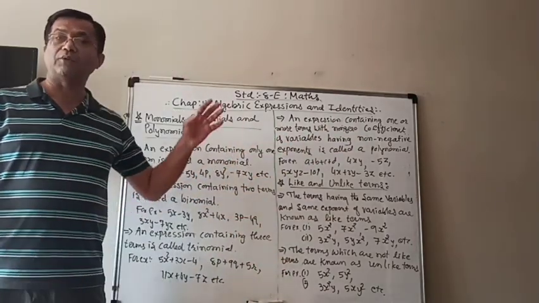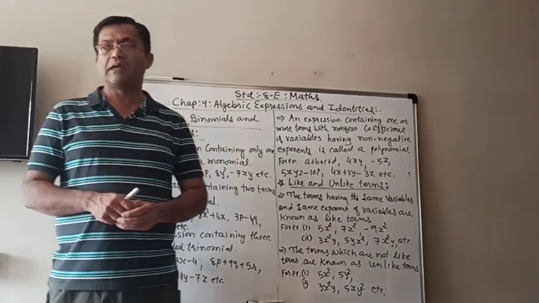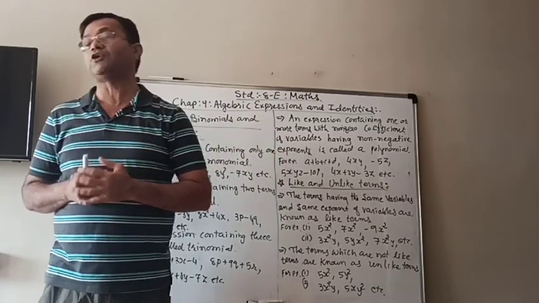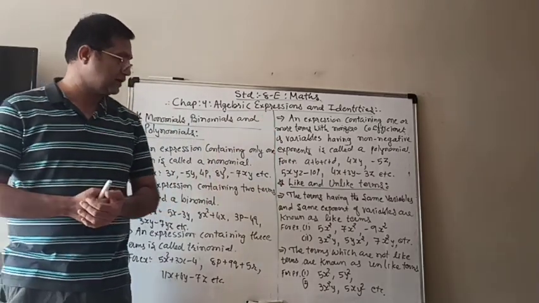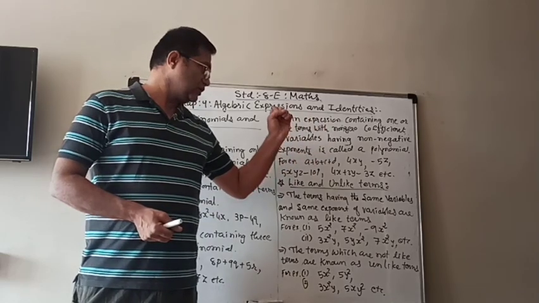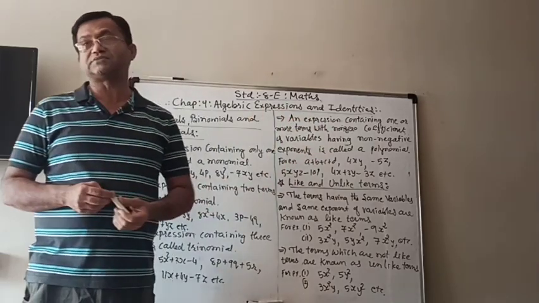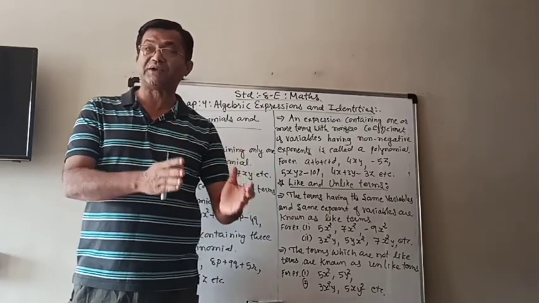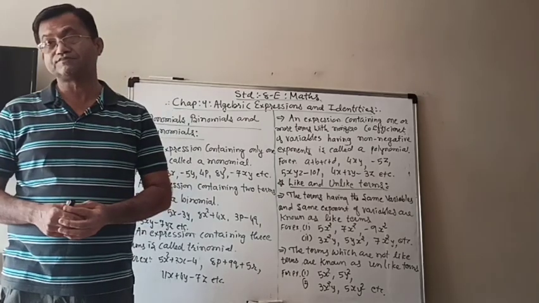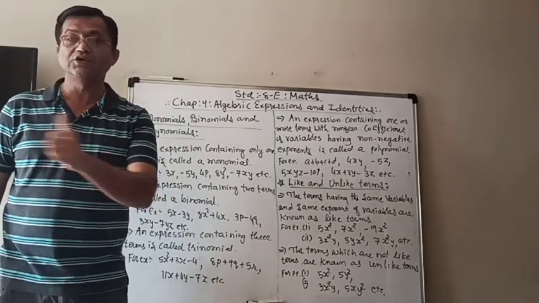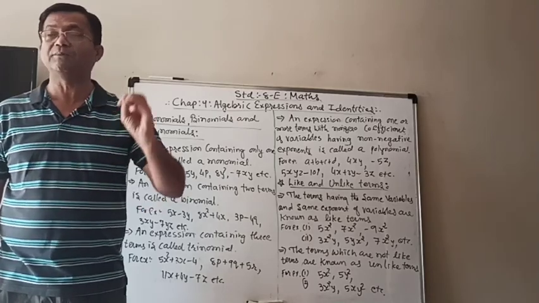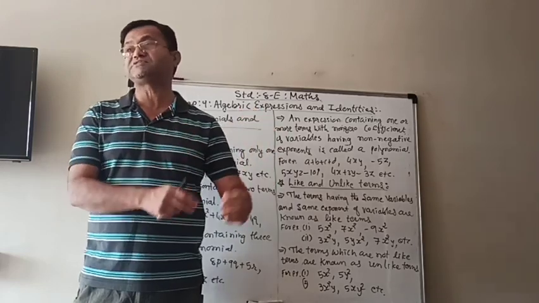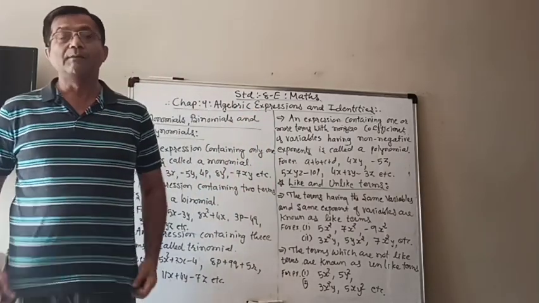It means that monomial, binomial, trinomial are all polynomials, but according to the number of terms, names are given. So now you understand what polynomials are. When a negative power is there, you cannot say that it is a polynomial. That is the difference between algebraic expressions and polynomials.